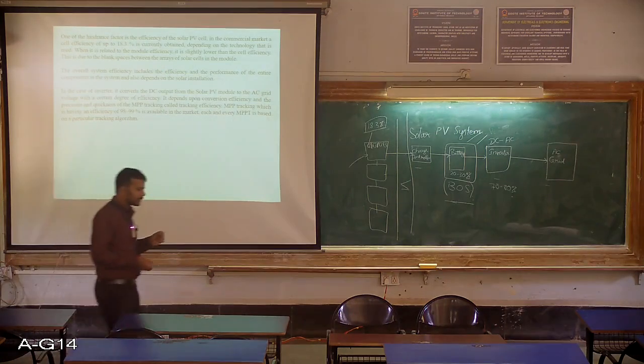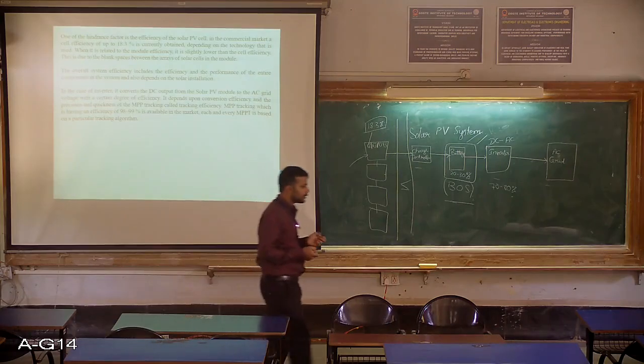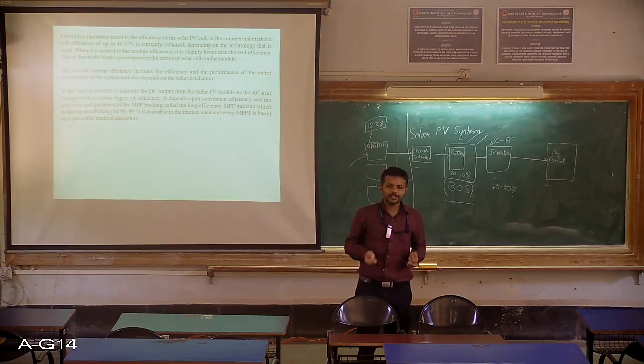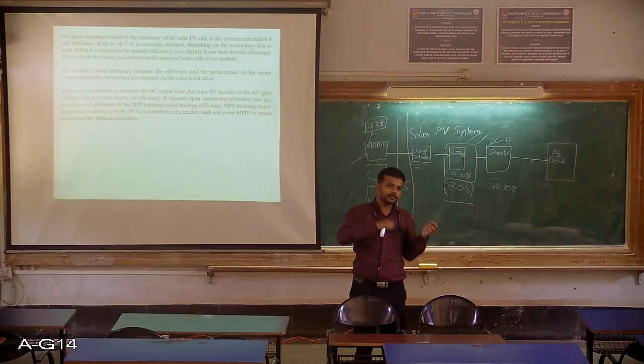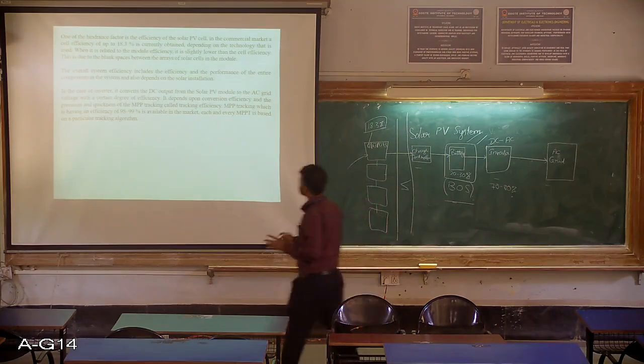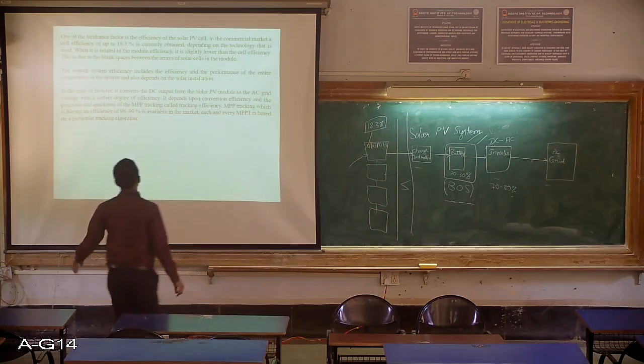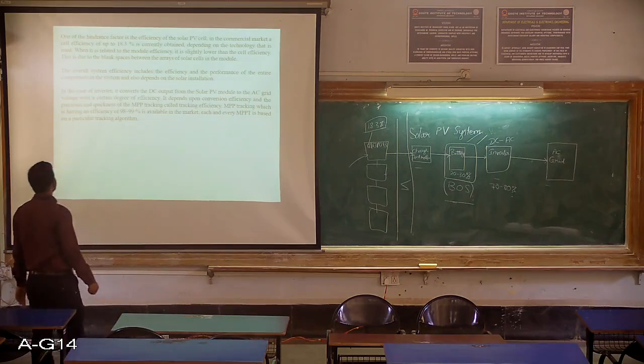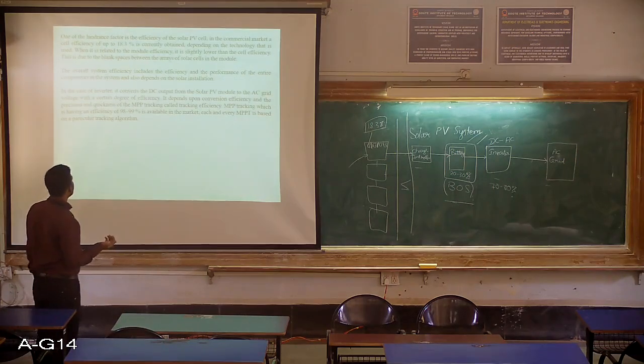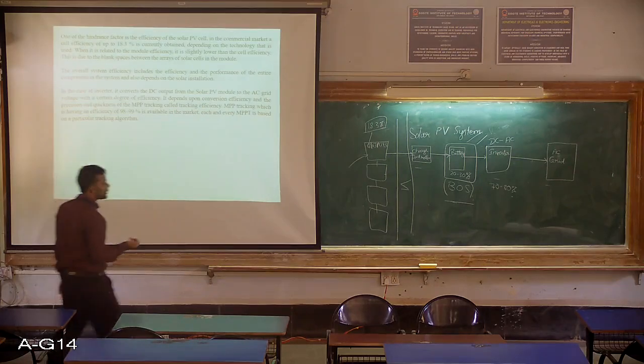Always, in any of the documents they will mention the solar cell efficiency. But whenever it comes to the practical, we should not consider the solar cell efficiency, we should consider the module's efficiency. The overall system efficiency includes the efficiency and performance of all the components of the system, and also depends on the solar installations.